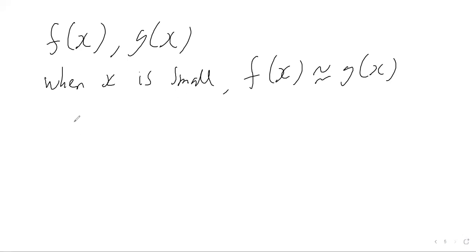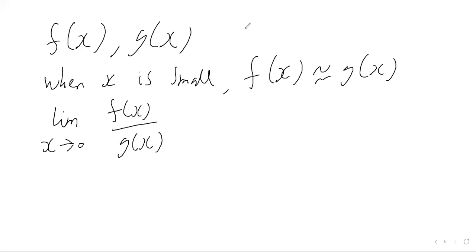Then what does this mean? Well, this means that the limit as x goes to 0 of f of x divided by g of x, and I should say here that g of x is a non-zero function, because otherwise you can't divide by 0 in this fraction, because that's impossible.